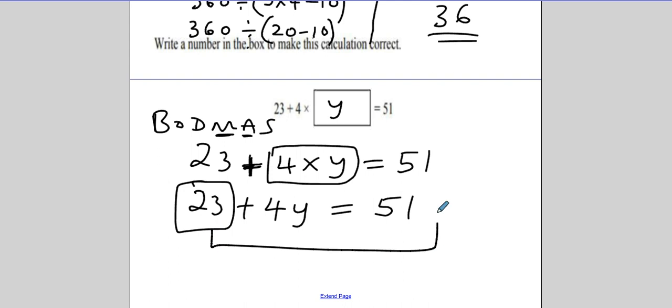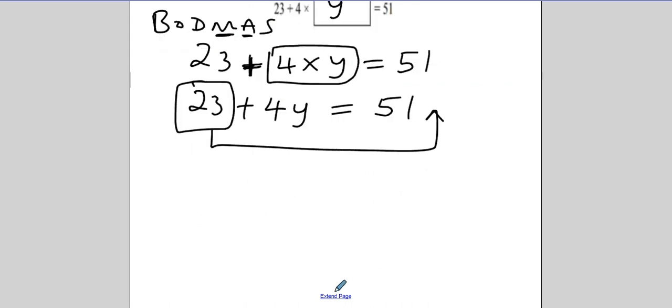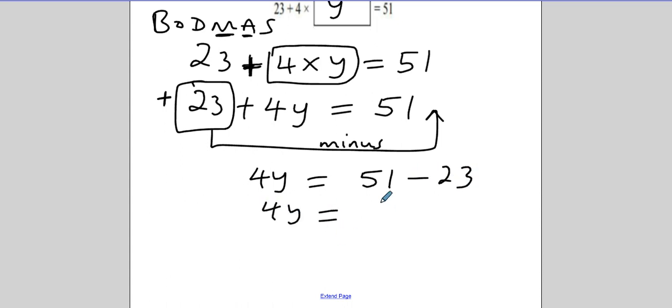23, move it to the other side. Because this is positive 23, when it goes to the other side, it will be minus. It will be negative. So this will be 4y equals 51 minus 23. 4y equals 51 minus 23, that will be 28.